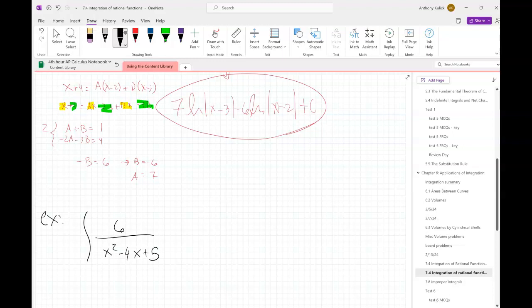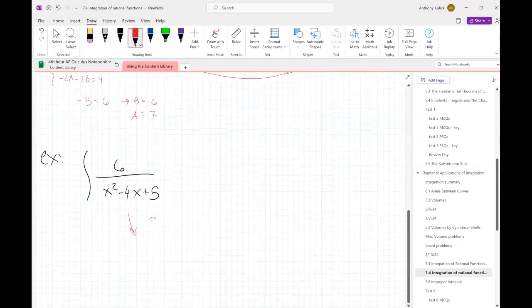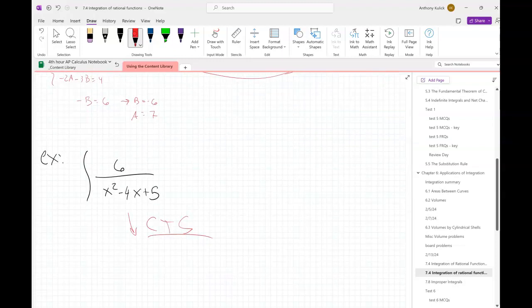What if I have something that looks like this? It's not factorable. Oh no. Here's what we're going to do. We're going to try to do a completing the square. So I'm going to break it up like this, because that piece remaining is x minus 2 squared.